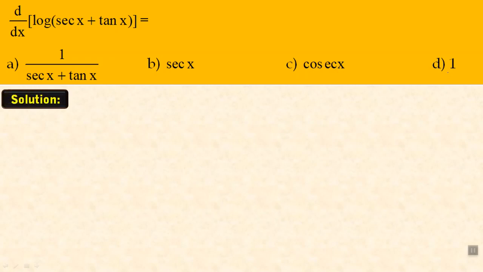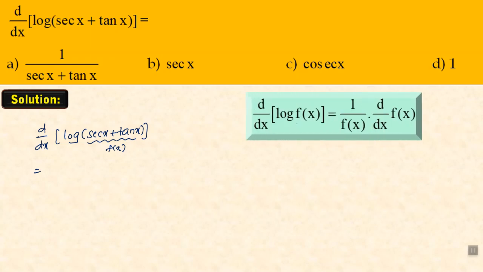Let us find these. D by dx of log of secant x plus tan x is equals to, here consider secant x plus tan x as f of x. D by dx of log f of x is equals to 1 by f of x, that is secant x plus tan x, into d by dx of f of x, that is secant x plus tan x.